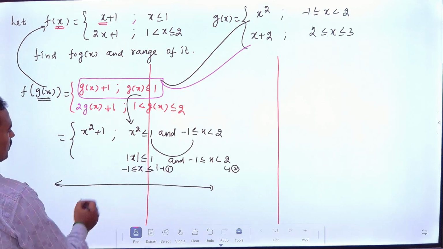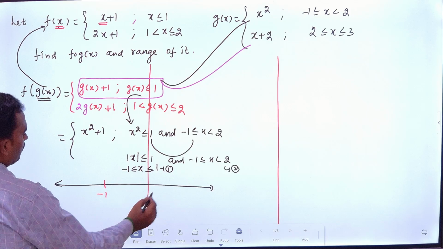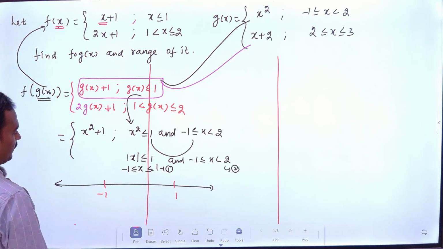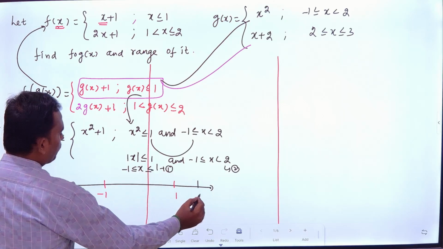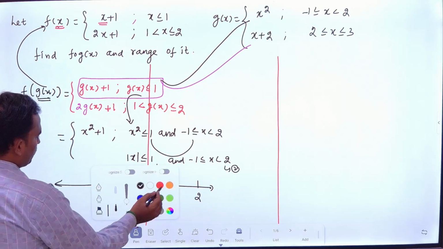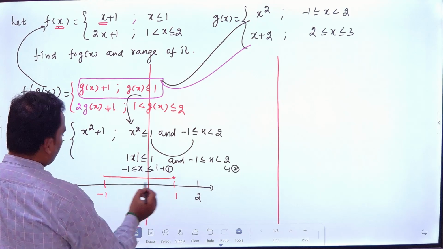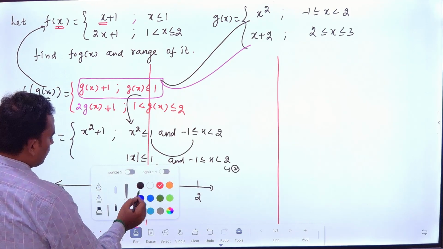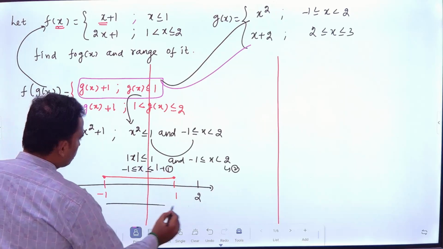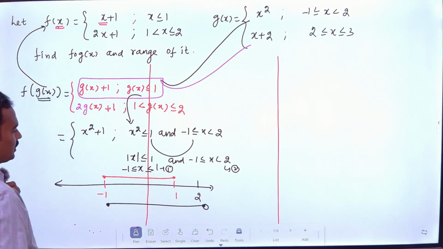So you point out these numbers, -1 and 1, on the number line. The second thing is -1 to 2. The first interval is -1 to 1, fully included, and the second is -1 to 2, where 2 is not included and -1 is included.